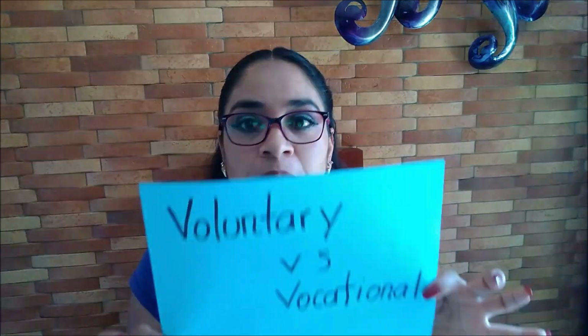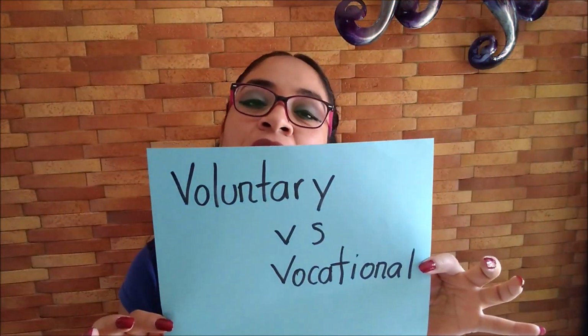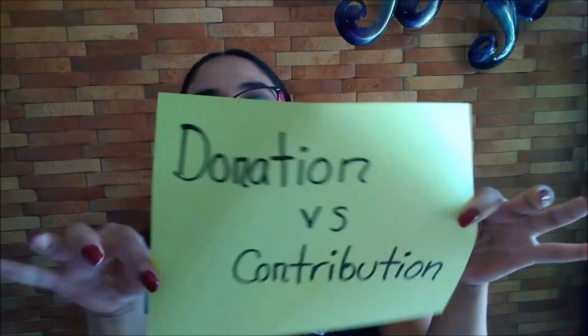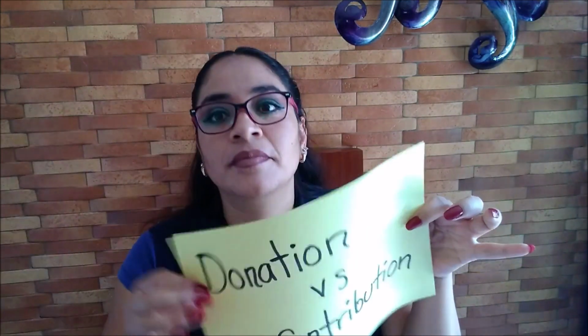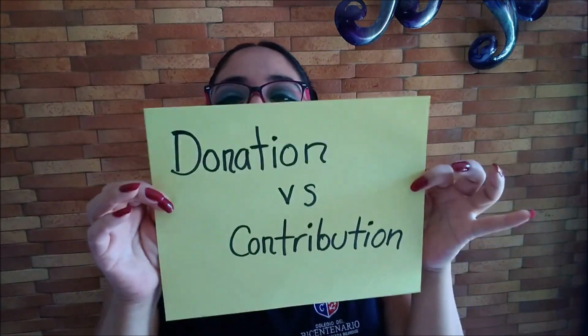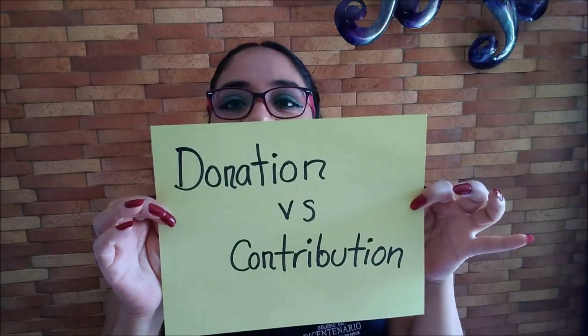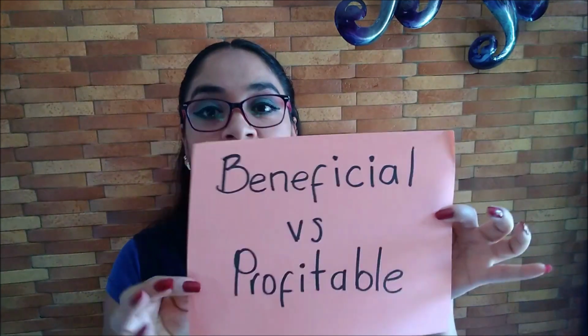Our first pair is voluntary versus vocational. You can see this exercise also on your page 82, so I'm just repeating them. Donation versus contribution. Beneficial versus profitable.